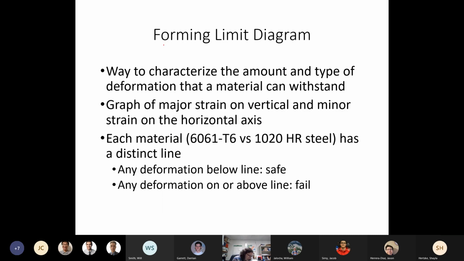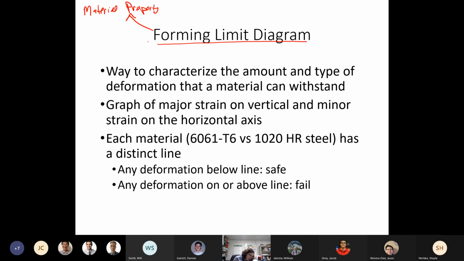When we talk about a forming limit diagram, we need to realize that it is the material property. The forming limit diagram is a collection of points where failure has occurred.